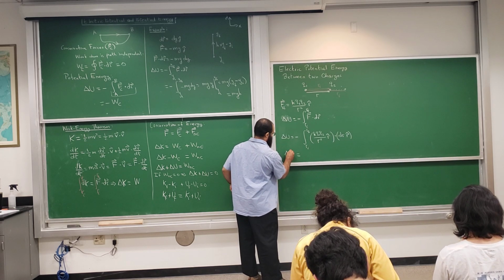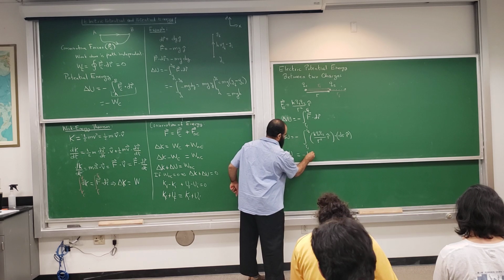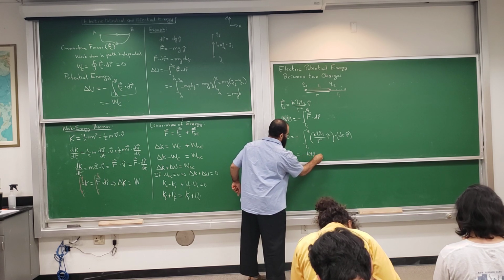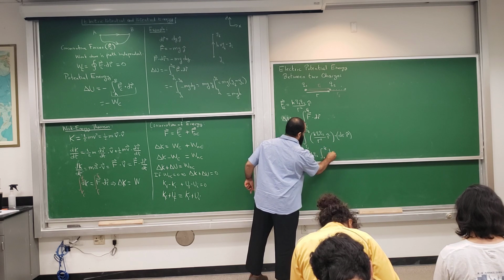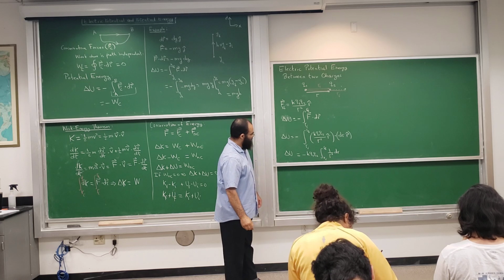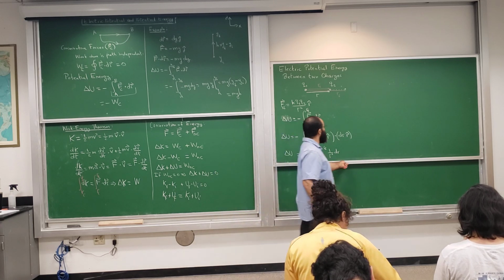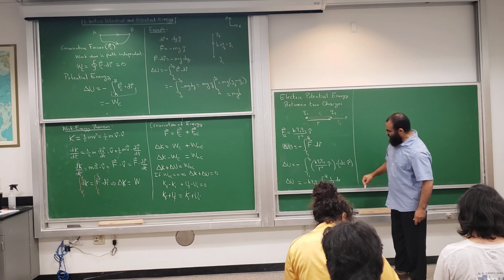Delta U is equal to minus K Q1 Q2 times the integral from R initial to R final of 1 over R squared dr. That's it. What's the antiderivative of 1 over R squared?